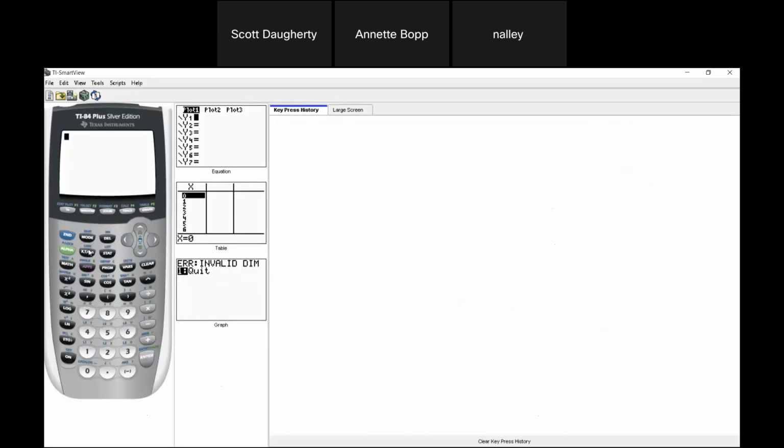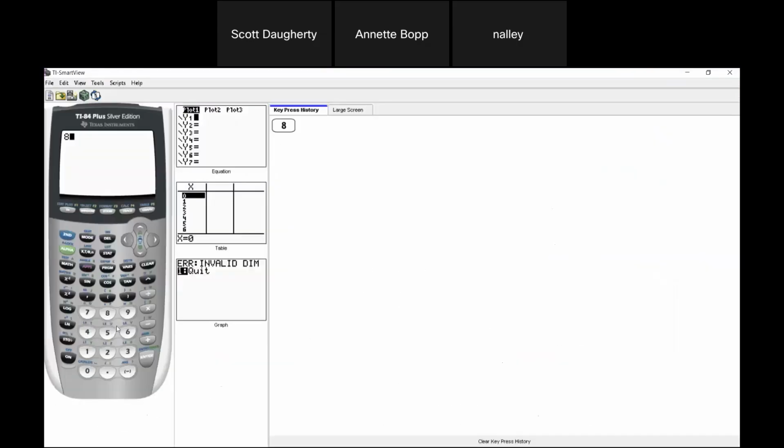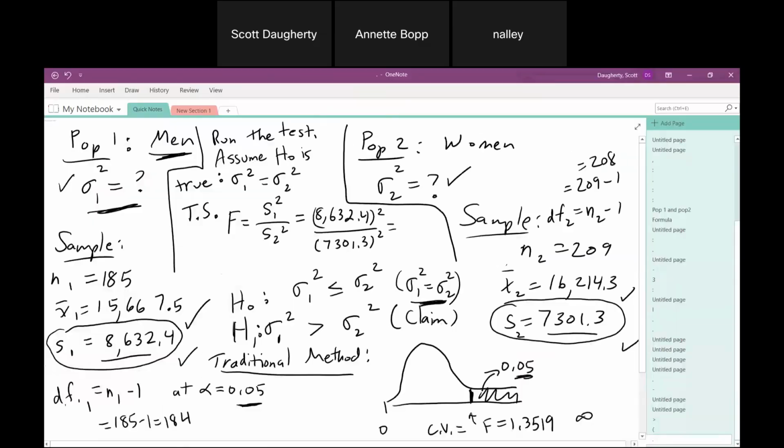All right, anyway, let's see what we get. 8632.4 squared divided by 7301.3 squared.